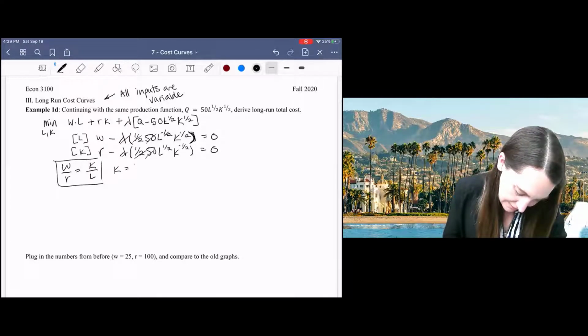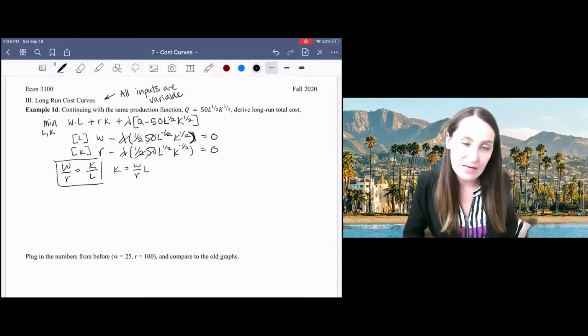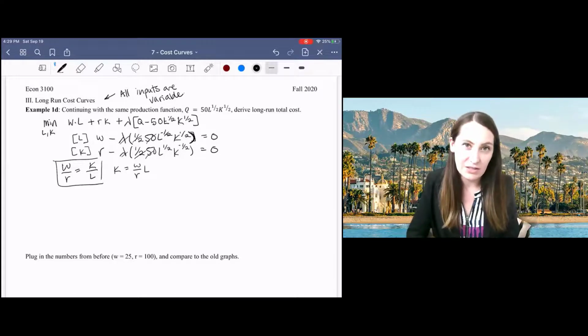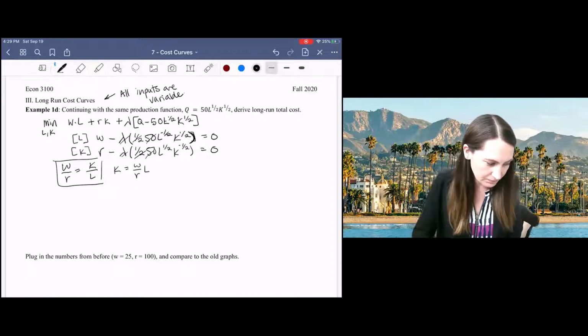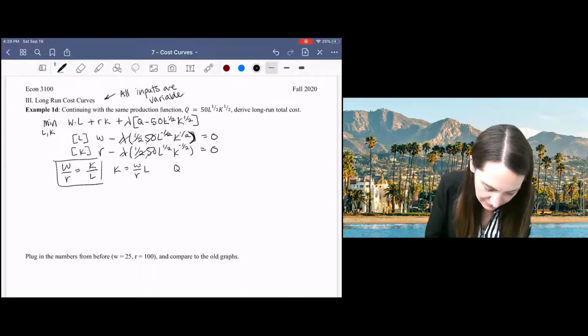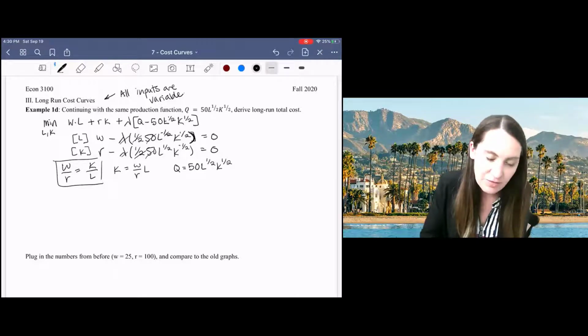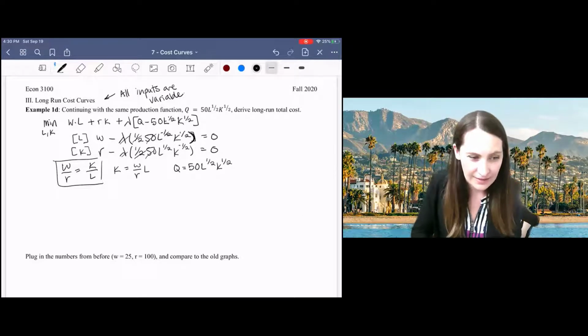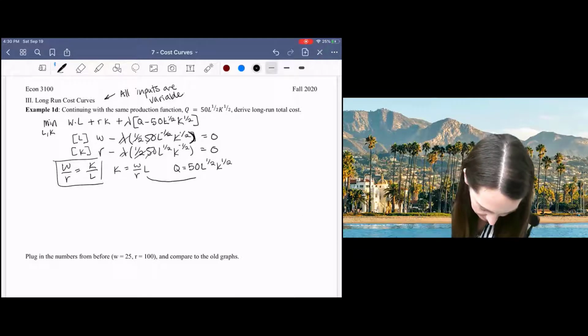You can rewrite that so that we've got capital as a function of labor, because what we'll do now is combine that with our production function to get the labor and capital demand curves. So our production function is Q equals 50L to the 1/2 K to the 1/2. And remember, our goal is to solve for labor as a function of just quantity. So we'll plug in capital here.